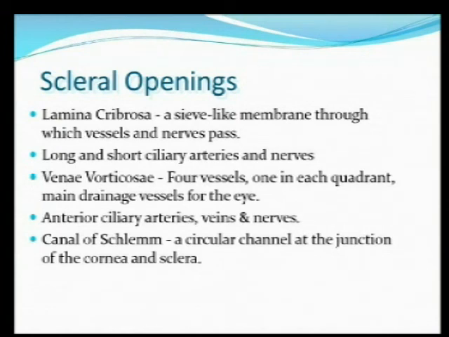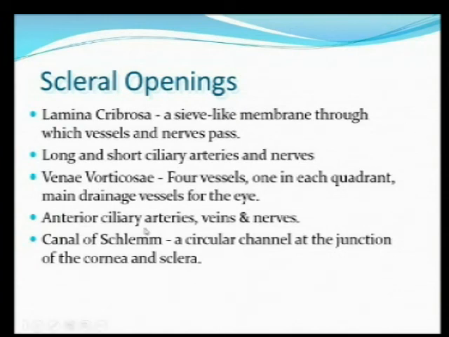We'll see that the blood brings the good stuff. The arteries get smaller and smaller. They provide the nutrition they need, and then the return vessels, the veins, get bigger and bigger until finally you have four main return vessels or veins that exit the eye. They are known as the venae vorticosae, or simply the vortex veins.